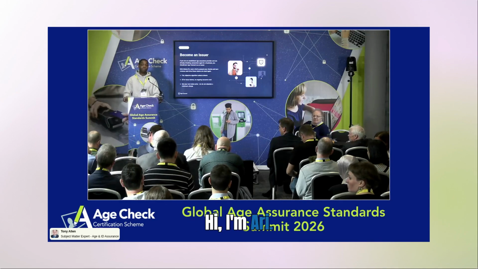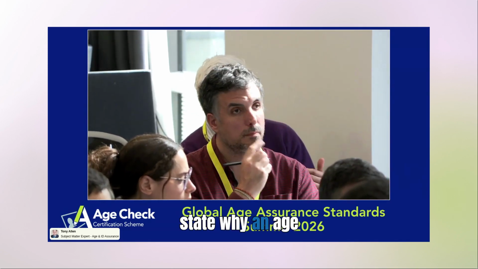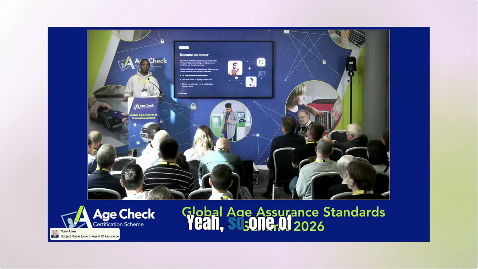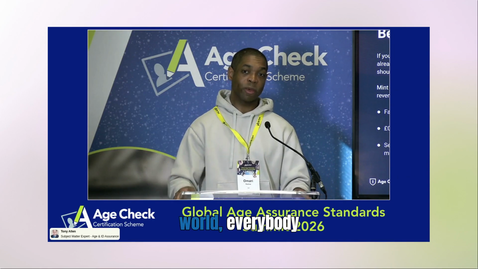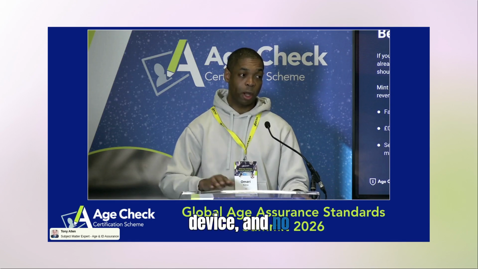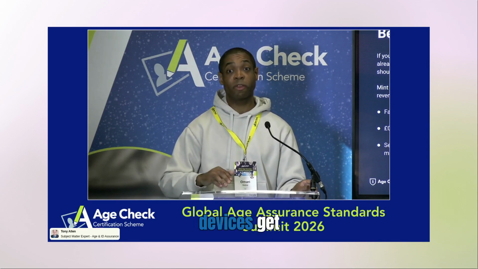Yeah, thanks. Hi, Amari. Sorry if I missed this, but can you state why an age token might expire? Yeah, so one of the scenarios that we've identified is that in the ideal world, everybody has their own device, and no one shares that with anybody else. But in the real world, especially with parents and children, devices get shared. They get shared between siblings.